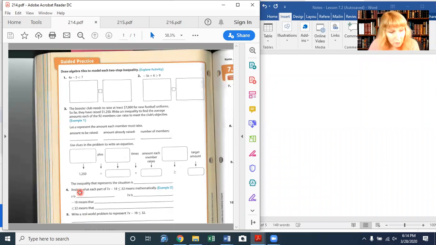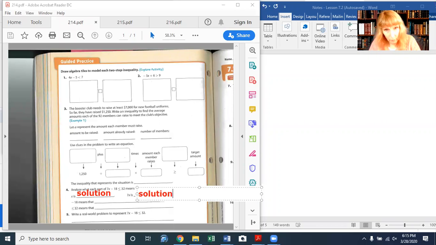Analyze what each part of 7x minus 18 less than or equal to 32 means mathematically. So x is the solution, which we'll be figuring out how to get in our next lesson. X is the solution. 7x is, remember, any number of coefficient times a variable is a rate of some sort, right? It's the solution multiplied by 7.